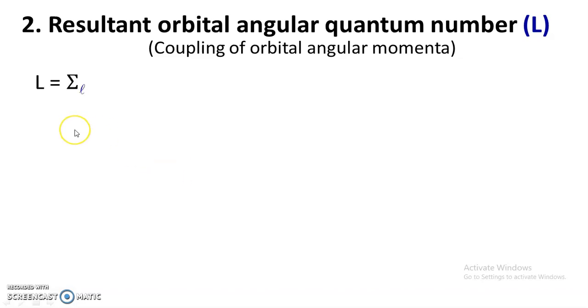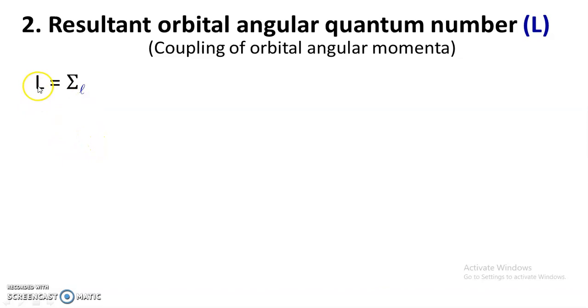And the resultant orbital angular quantum number is the algebraic sum of the individual orbital angular or azimuthal quantum number values, that is small l.